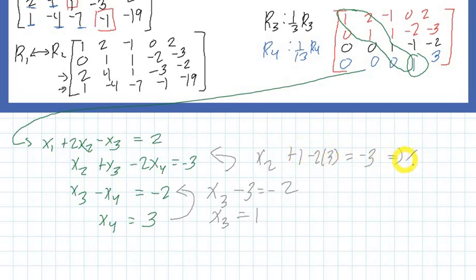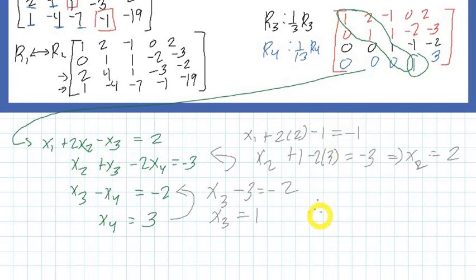This is going to give me an x sub 2 value of 2. And finally, I will have x sub 1 plus 2 times 2 minus my x sub 3 of 1, which is going to give me negative 1.